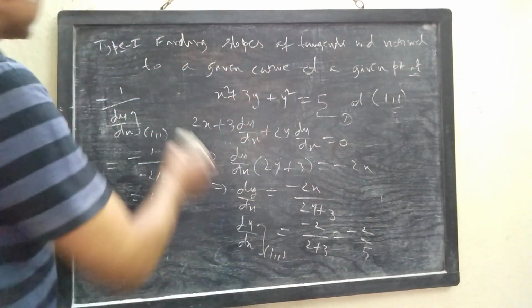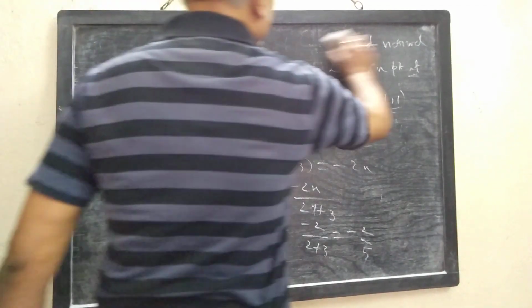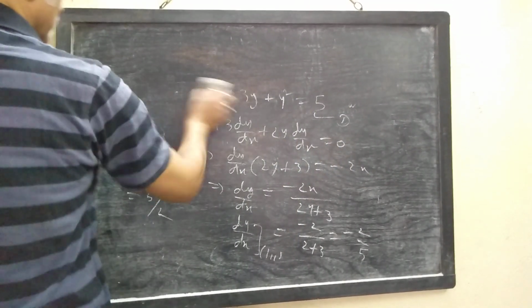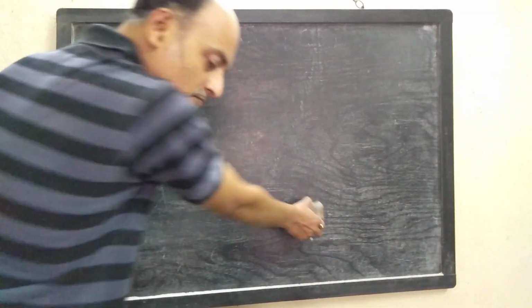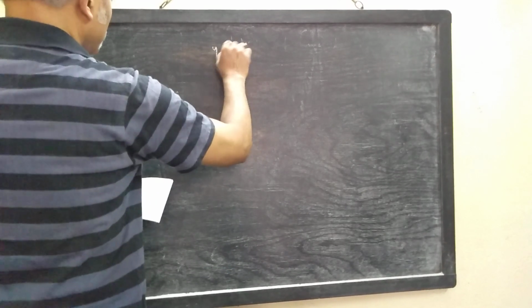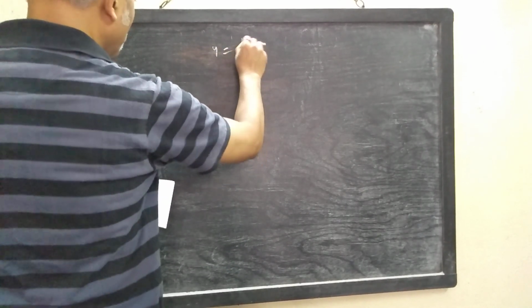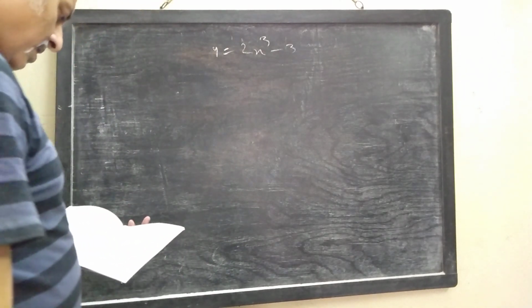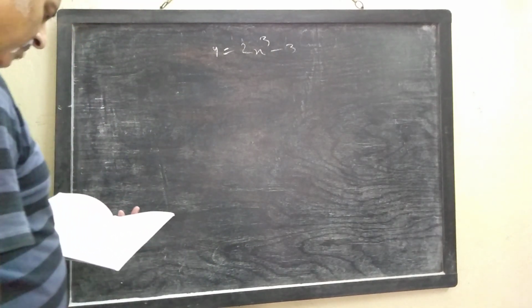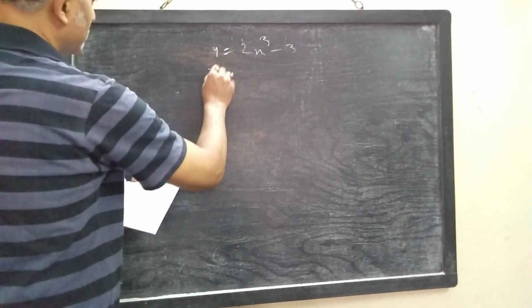Next question. Show that the tangents to the curve y equals 2x cubed minus 3 at the points where x equals 2 and x equals minus 2 are parallel.